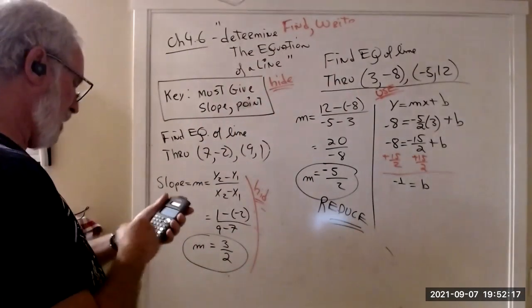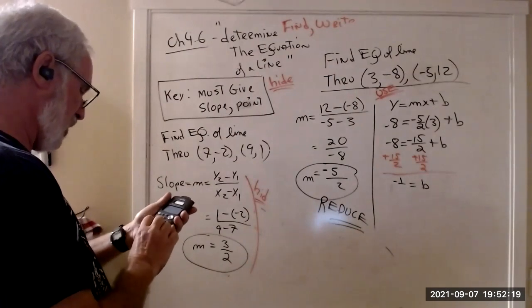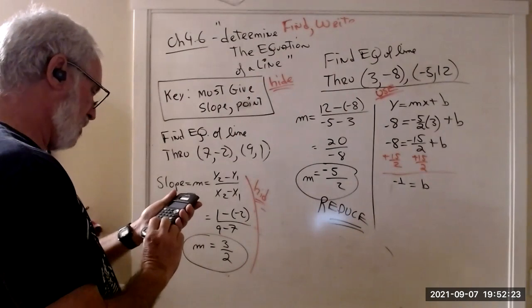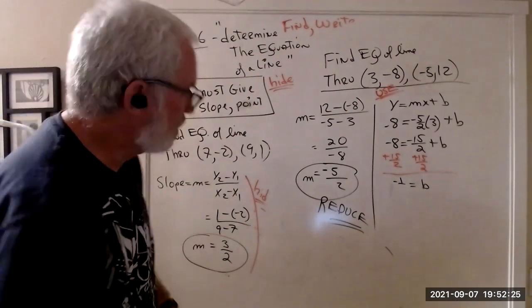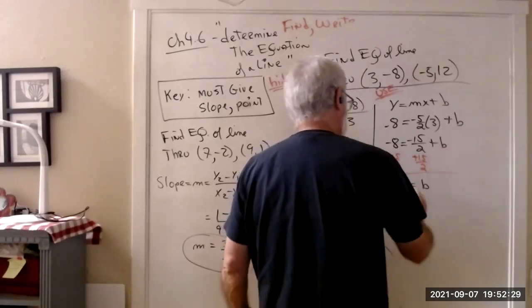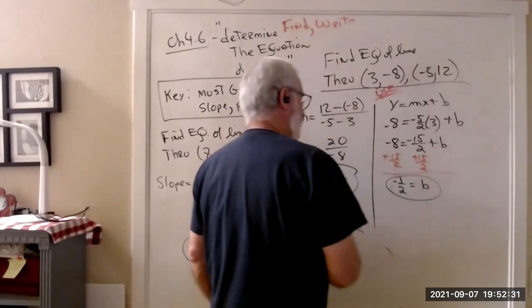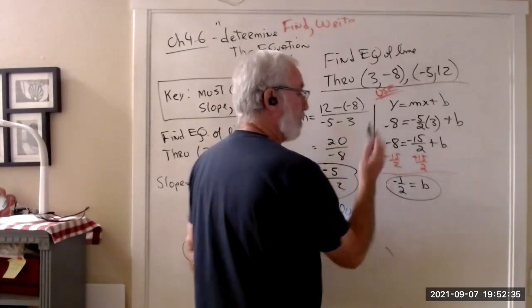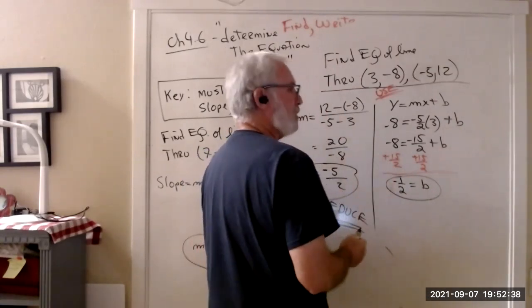Oh, wait a minute. Let me just double check it. 15/2. Yes. What a dip. Where did I come up with the 16? I don't know. I have no idea. Okay. So the moral of the story is don't do it in your head.